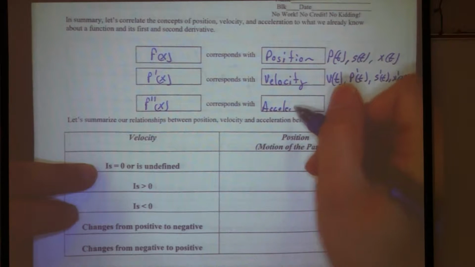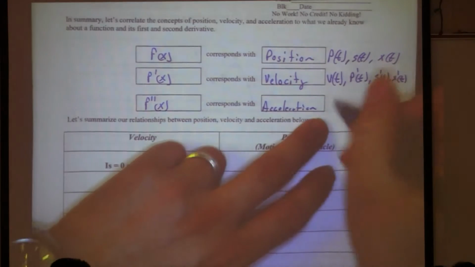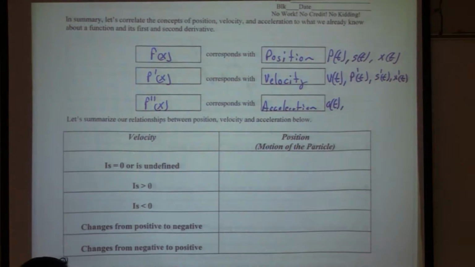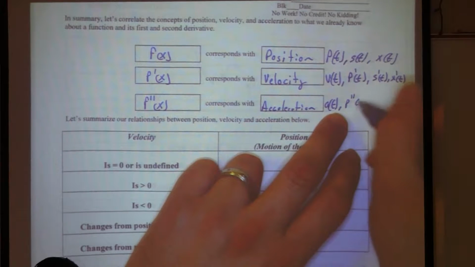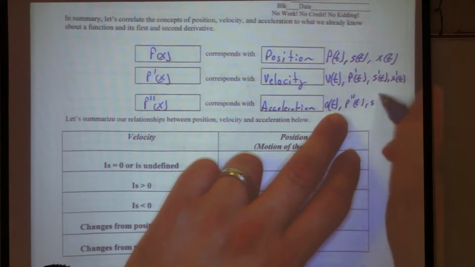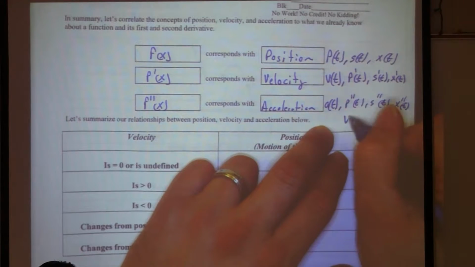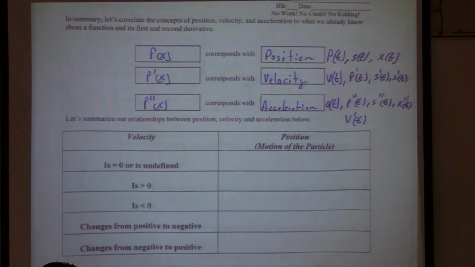Acceleration. So that would be A of t or P double prime of t or S double prime of t or X double prime of t or V prime of t. Yes? Maybe?